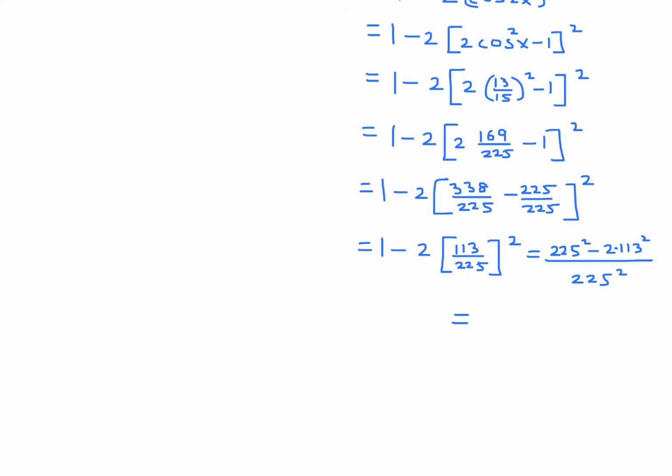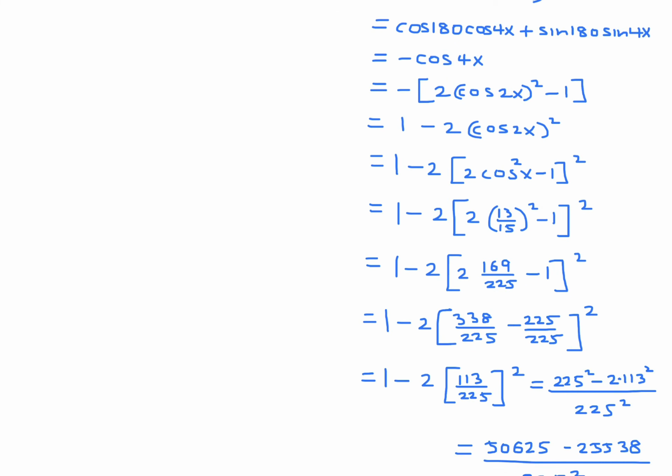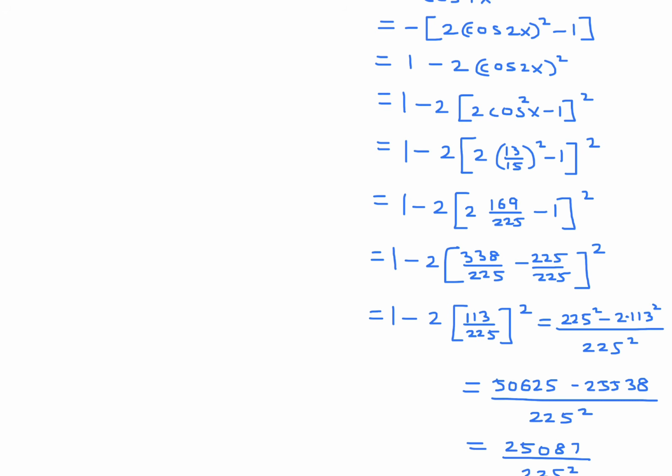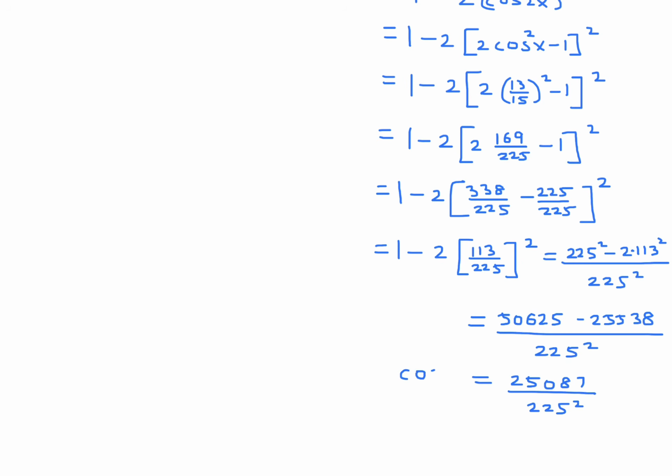All right, so now there's going to be some huge numbers here. 225 squared is 50625, 2 times 113 squared is 25538, and finally this is 25087 over 225 squared. Ooh, that is the cos of theta. Wow, that is the cos of theta, this big number.